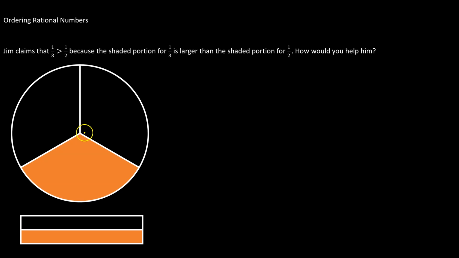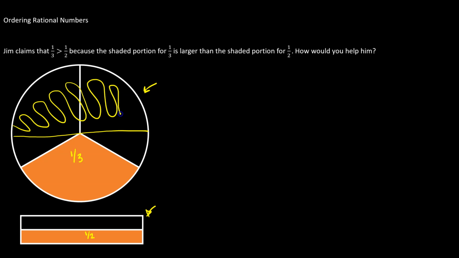Well, in this picture, the diagram that represents 1/3 is clearly larger in every way than the diagram that represents 1/2. But if we wanted to shade in 1/2 of this circle, we would have to shade in a much larger piece than the 1/3 wedge.